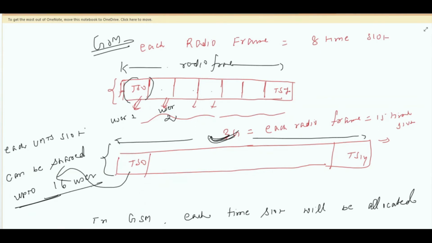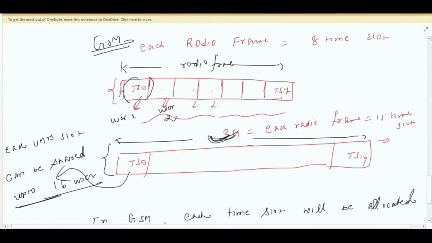Actually they ask, suppose, as you can understand here, one slot is given to only one user. Suppose you have a heavier amount of traffic, more traffic, and one slot is not enough to transmit this much information. You need more than one slot.